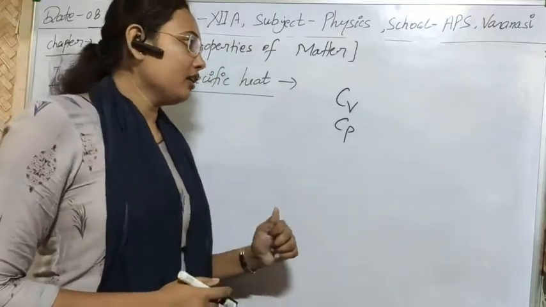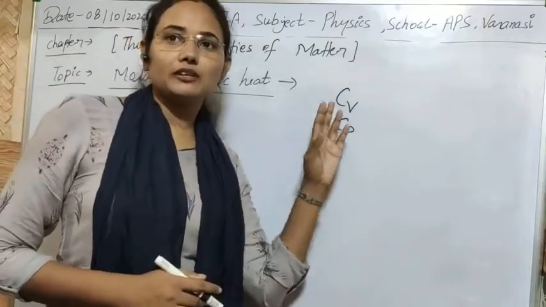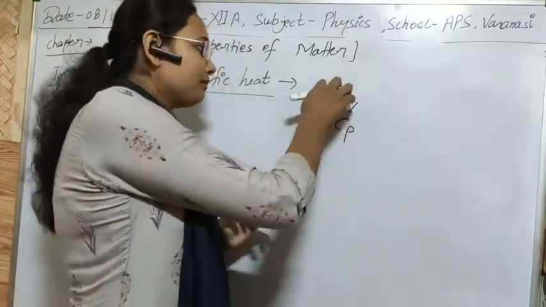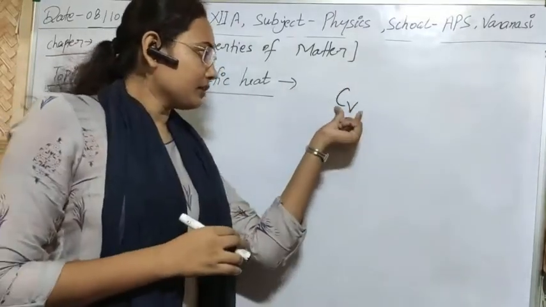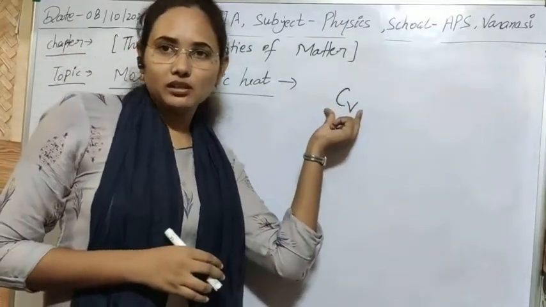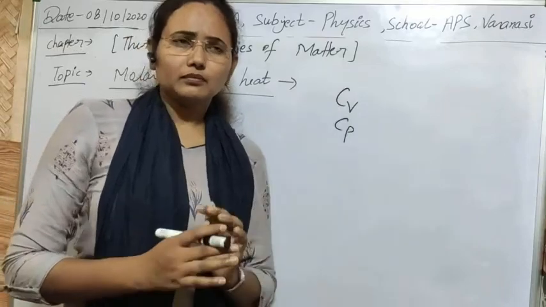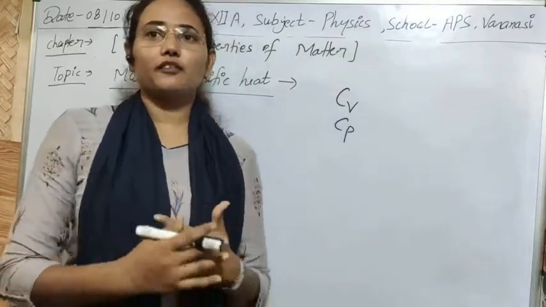For the study of the variation of specific heat with temperature, suppose we take molar specific heat at constant volume. A lot of scientists worked on that.